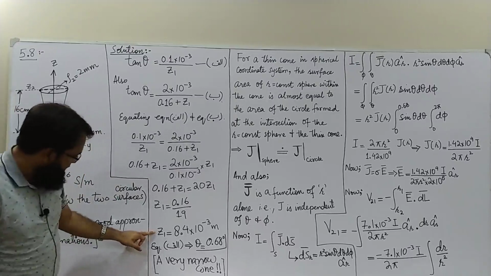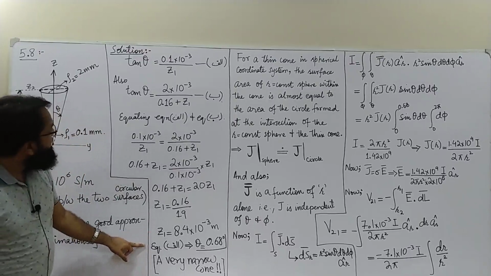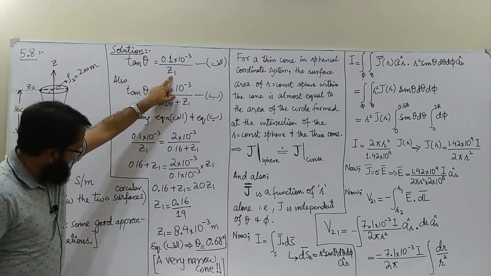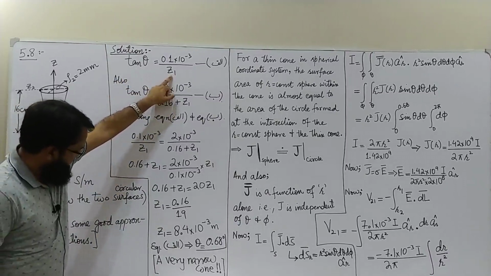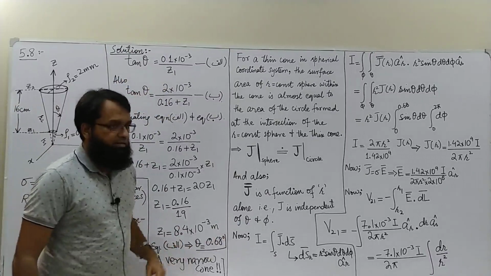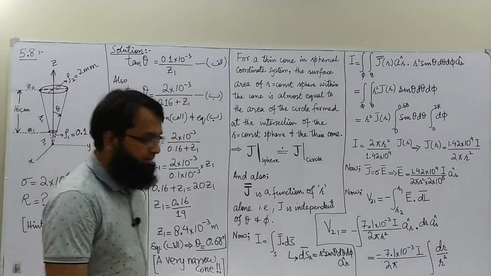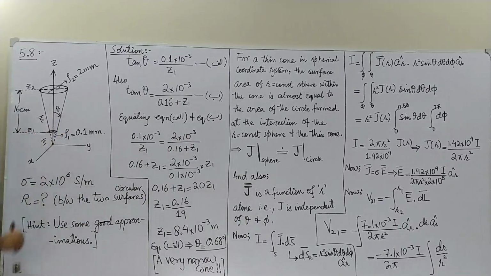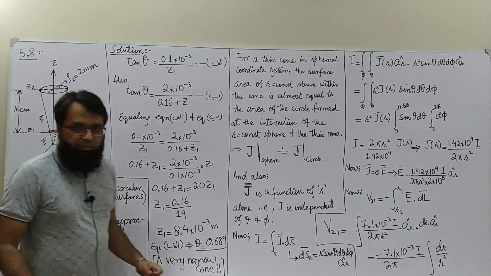So I'm choosing to use equation number Aleph, using the value of z1 to be 8.4 millimeters. It turns out that theta is equal to 0.68 degrees. It means that this cone is extremely thin.